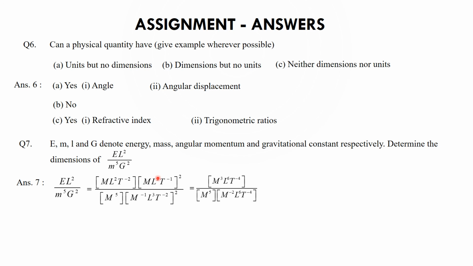It is angular momentum. On solving we get M³ in the numerator, M³L⁶T⁻⁴, and in the denominator M⁵ M⁻² L⁶T⁻⁴. So what are we getting? M⁰L⁰T⁰. So the dimensions are not there, and it's a dimensionless quantity.